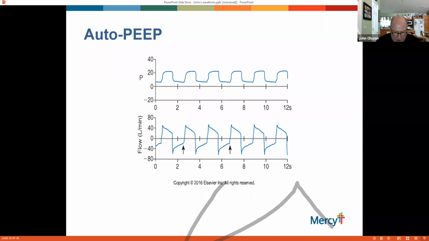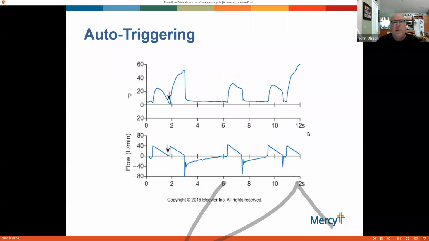Or you can drop your respiratory rate unless they're trying to trigger over that. Another way to do it is to change to that square flow pattern that delivers the breath faster. So there are ways to fix this, and there are simple ways, okay? You guys can do this.